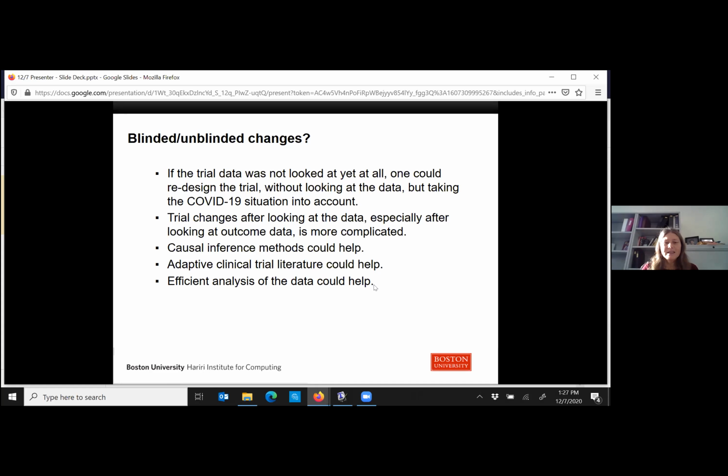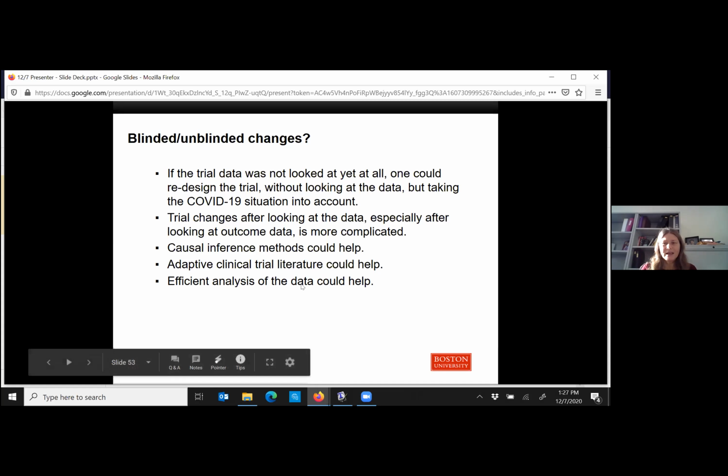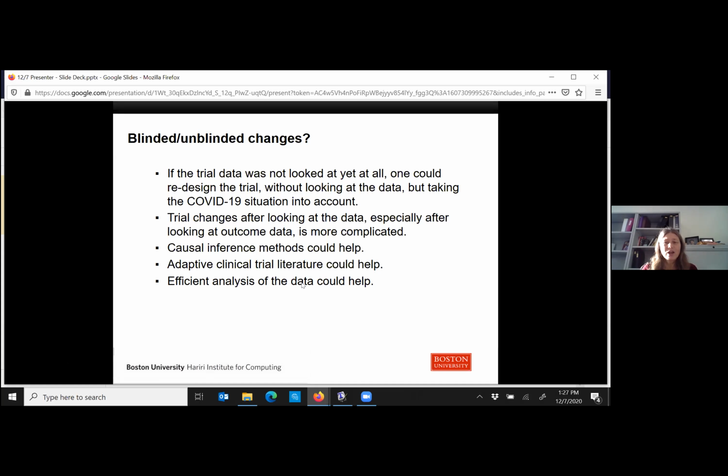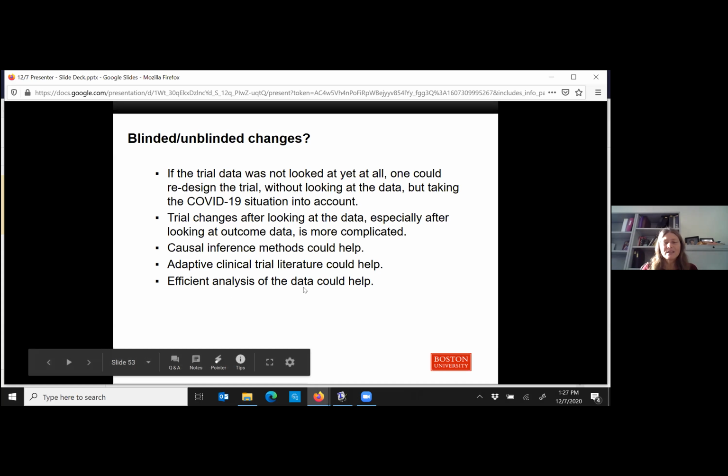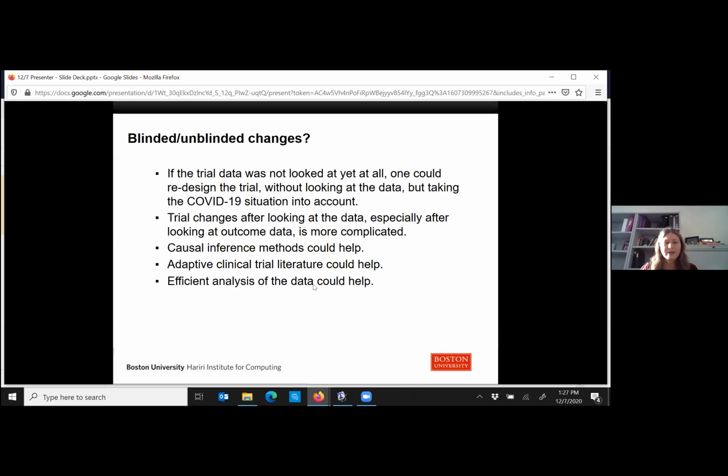If for some reason your data analysis needs to be done more efficiently because due to COVID-19 there's less enrollment or there's more variation in the data, in that case efficient analysis of the data could help. And I will give you some literature on how to do that.